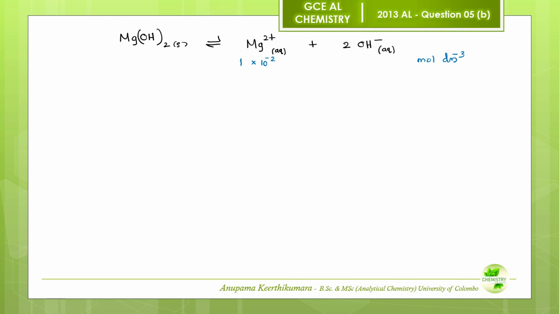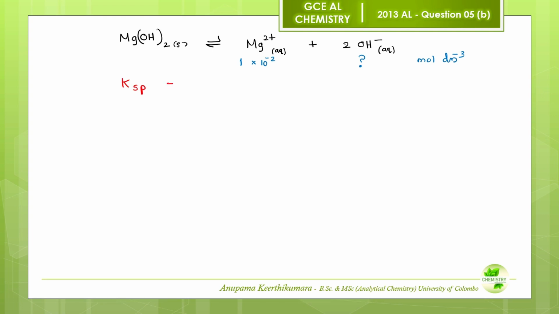Now we know the concentration of magnesium 2 plus ions in the solution, but we don't know the concentration of OH minus ions, because the concentration of ammonium hydroxide is not the same as the concentration of OH minus ions given by this ammonium hydroxide solution. Therefore, using the Ksp expression, we need to calculate the concentration of OH minus ions in this solution.